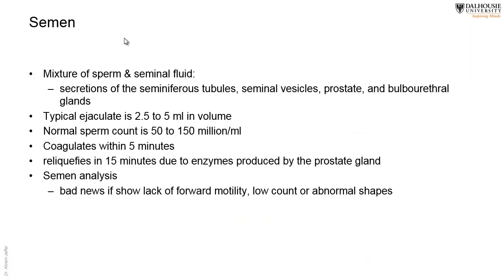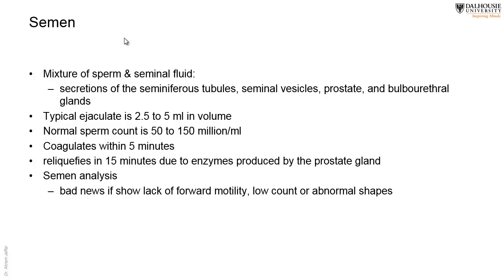So the semen is a mixture of sperm and seminal fluid, as I mentioned. If you do a vasectomy, then there is no sperm, it's only seminal fluid. The seminal fluid is produced partly by the seminiferous tubules, mainly by the seminal vesicles, then the prostate, and minimally by the bulbourethral glands.